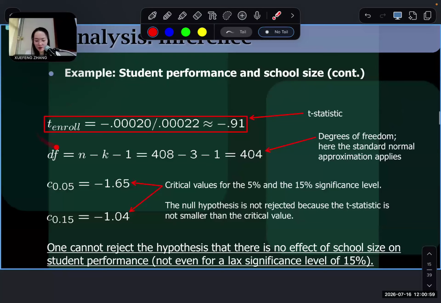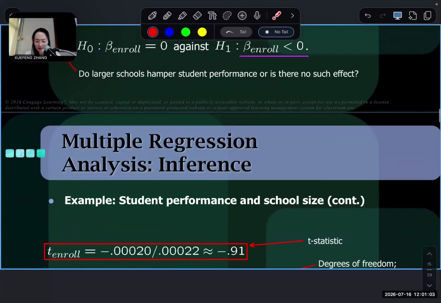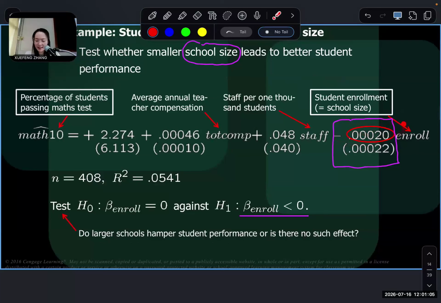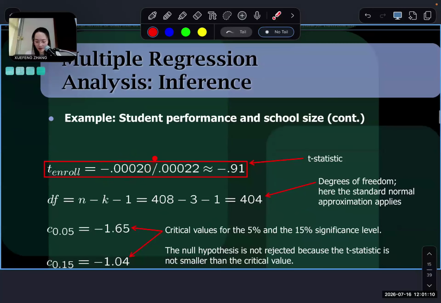And then as usual, we calculate the t ratio, right? You use the estimated coefficient divided by the standard error. Okay, this is the coefficient, and this one is the standard error.